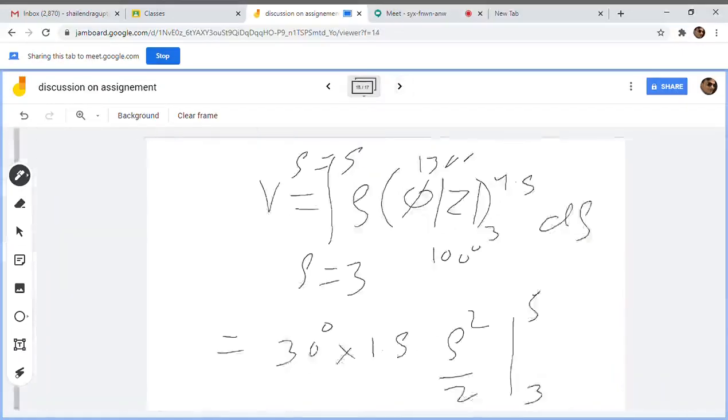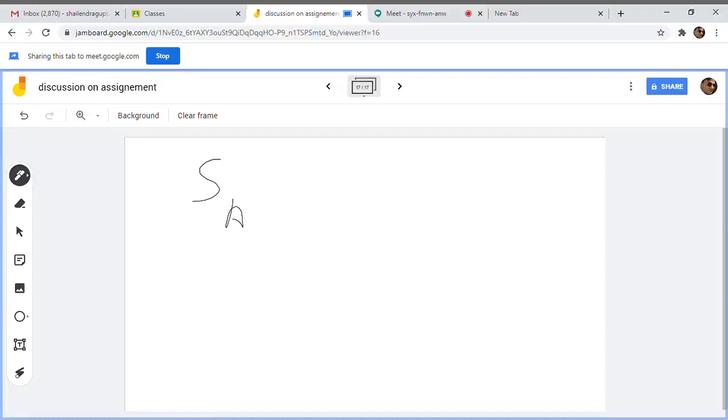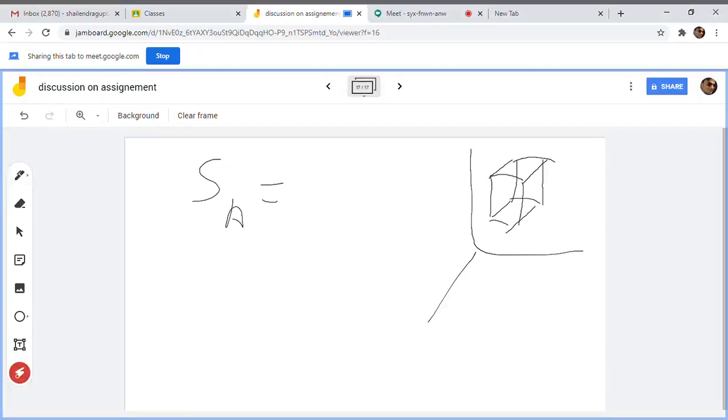So for the front surface area, I will draw it again. What is your front surface made of? This part is made of d phi in this direction, with dz.